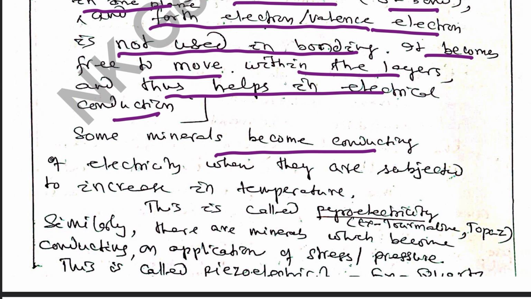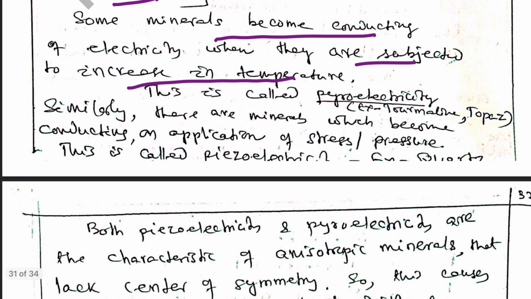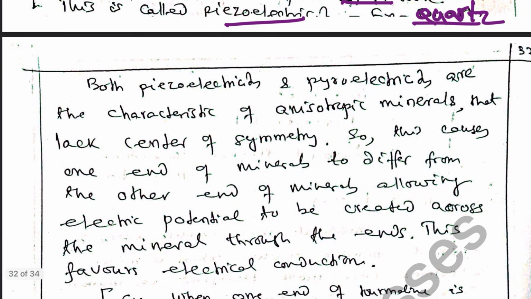Some minerals become conducting for electricity when they are subjected to an increase in temperature. This is called pyroelectricity. Pyro means fire. When they are heated, they become conducting, such as tourmaline and topaz. Similarly, there are some minerals which become conducting on application of stress or pressure. This is the piezoelectric property, as we find in the case of quartz. So, quartz is showing piezoelectric property. Tourmaline is showing pyroelectric property.